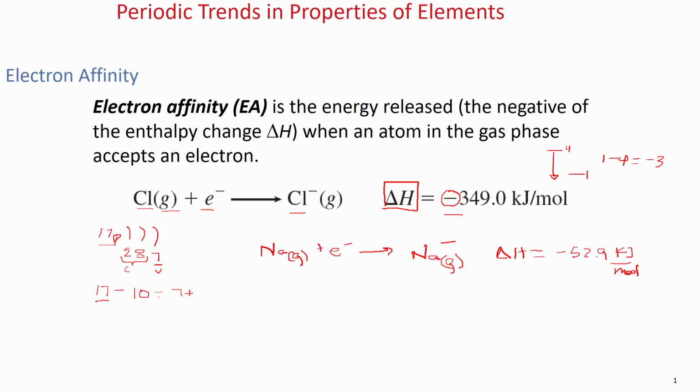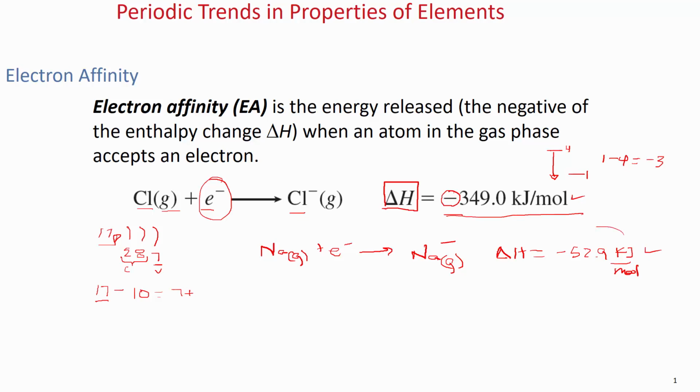Hopefully you're starting to see the rest of the story here. Ionization energies are very low for metals, and ionization energies are very high for nonmetals. And electron affinities release lots of energy for nonmetals compared to the metals. Nonmetals tend to release a lot of energy when they gain an electron.